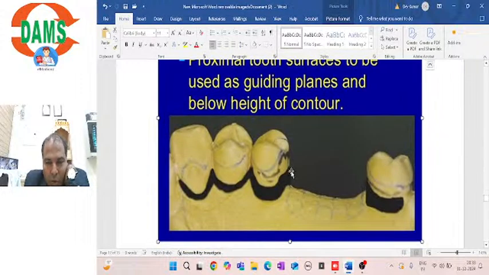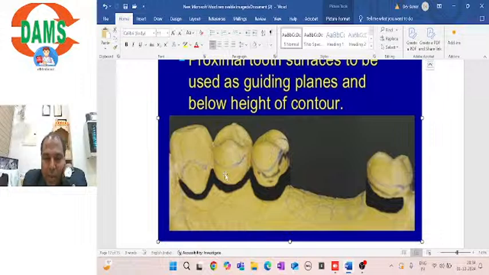So when you are blocking out the undercuts in the path of insertion below the guide planes in the interproximal areas, this is a parallel blockout. So there are three types of blockout: parallel blockout, second the shaped blockout, and third the arbitrary blockout.